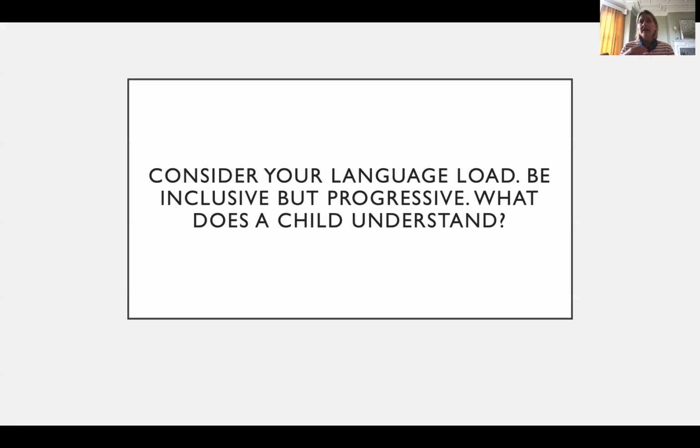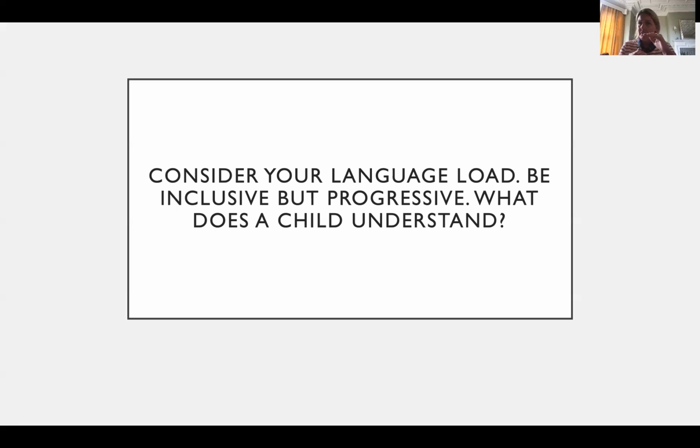If I am thinking about certain children and I simplify my language, so I only ever use short phrases with one main information carrying word or keyword, whichever one you want to call it, but the child actually has the ability to maybe understand at a 2-word level, and their next step would be to begin to understand at a 3-word level.